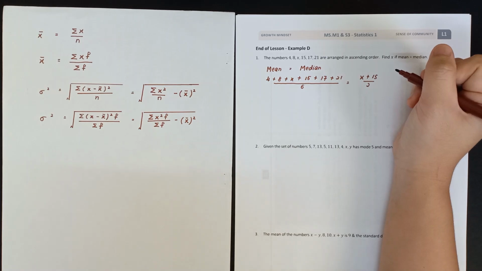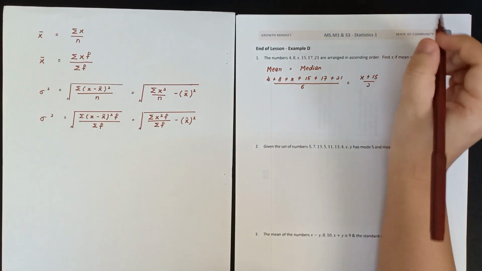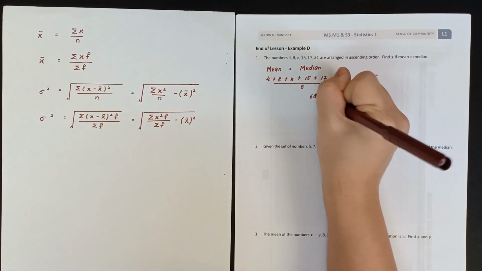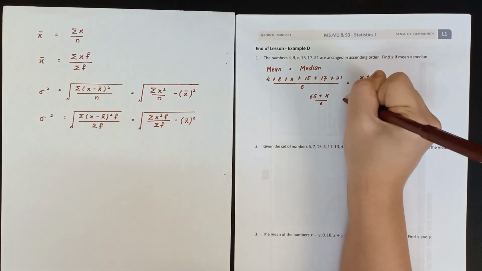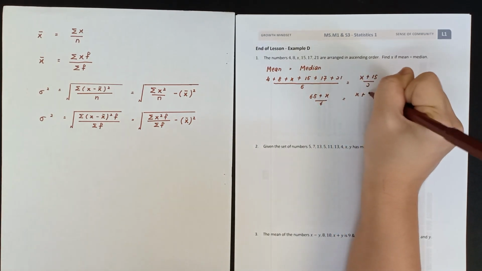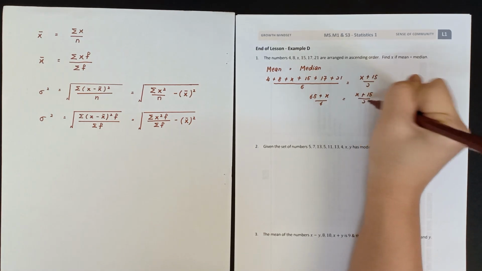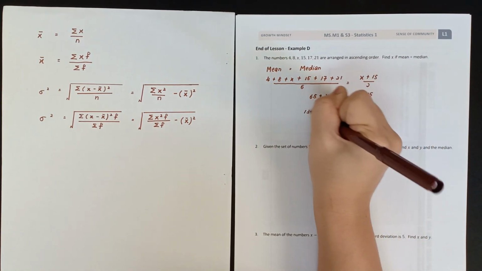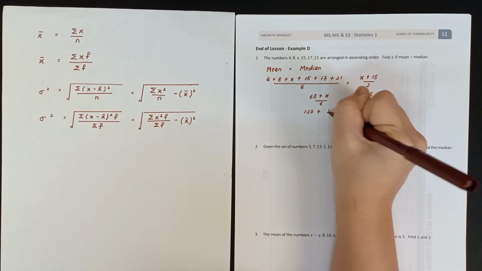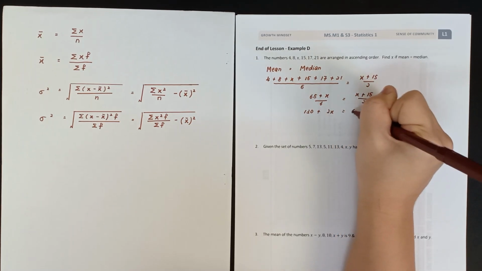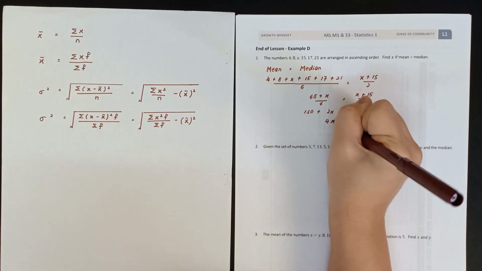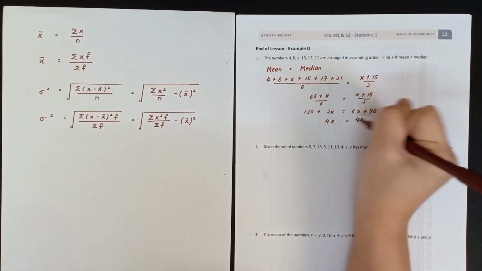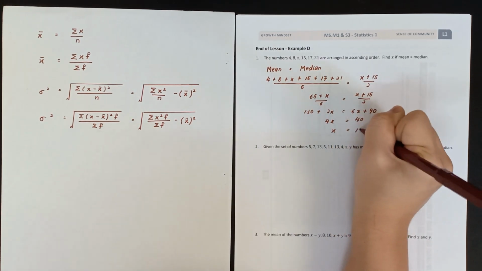Here you get 75 plus x divided by 6, equals x plus 15 divided by 2. Then you can do cross multiplication: 75 plus x times 2, which gives 150 plus 2x, equals 6x plus 90. So 4x equals 40, then that gives you x equals 10.